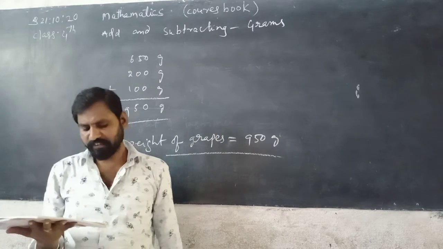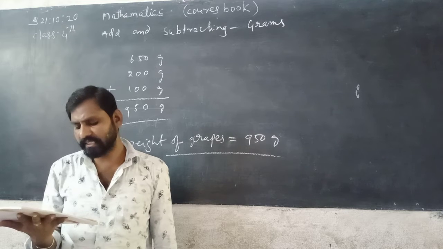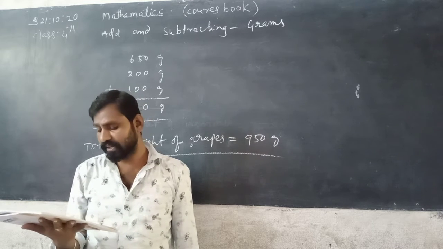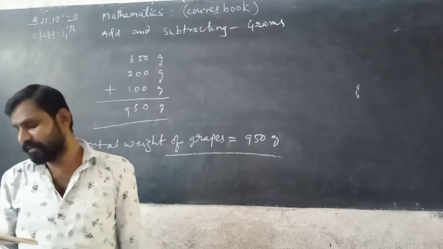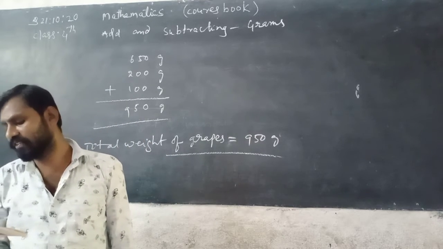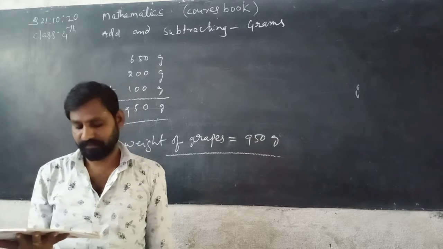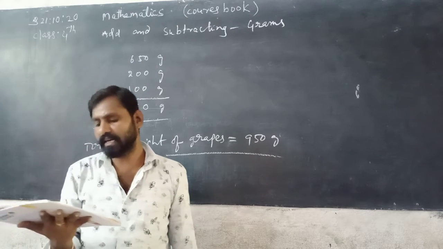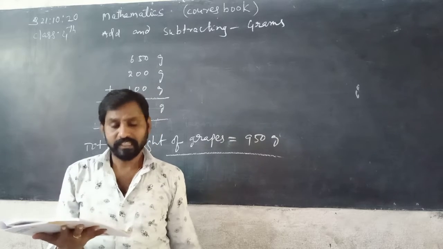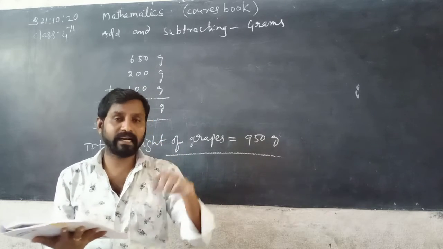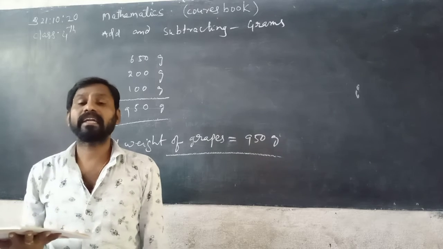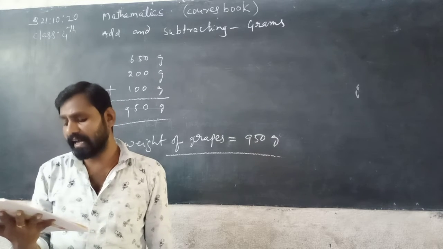Now next, a word problem. Swapna was making garlands. She had 870 grams of marigolds.